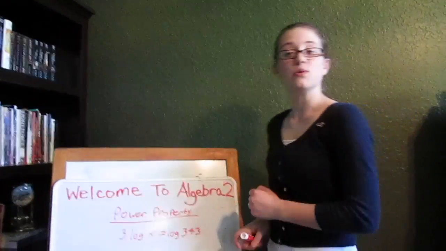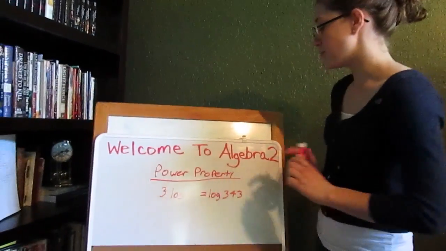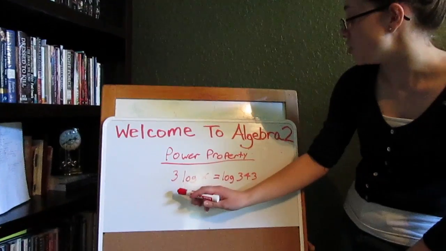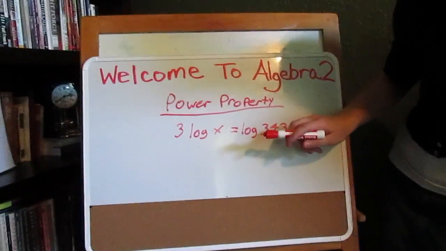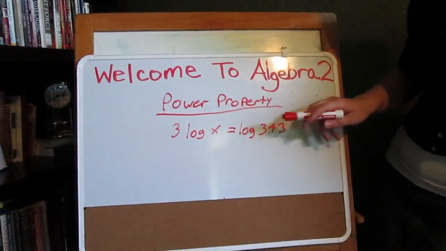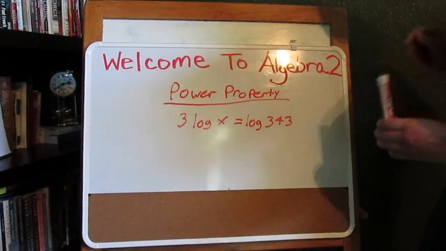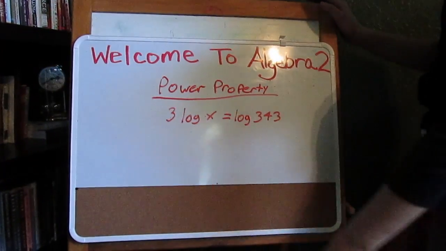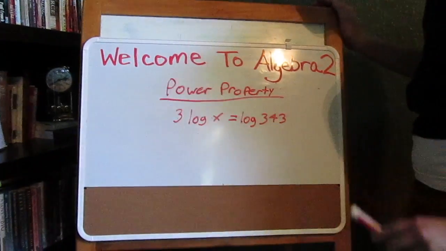Well, class, it seems we have a few minutes left, so I figured I would give you an example for the power property. Say you have the logarithmic equation 3 log of argument x equals log of argument 343. As we stated before, the power property says that an exponent on an argument is also equal to the coefficient of the entire expression.